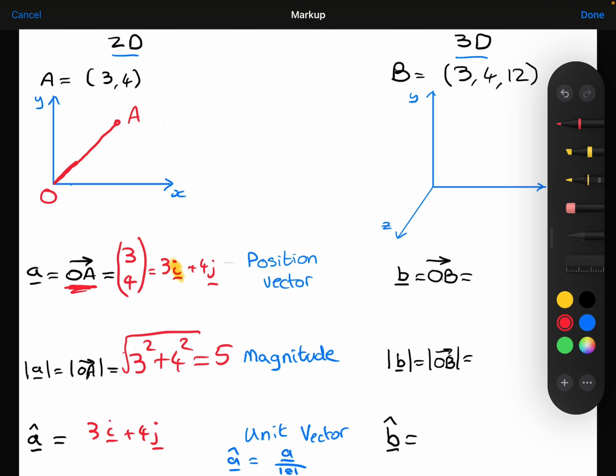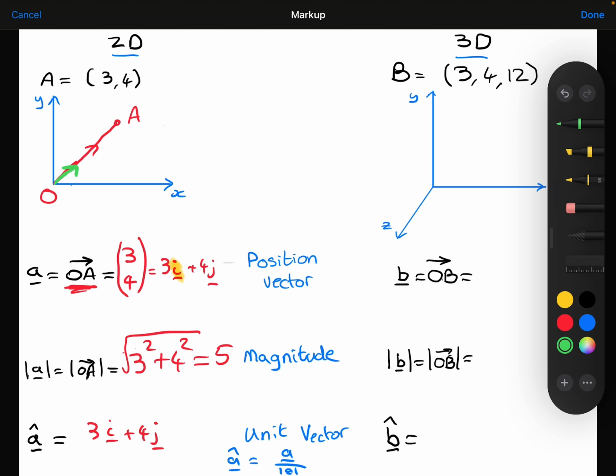That's the direction we're talking about here, 3 across, 4 up. The problem with that is that it has a magnitude of 5, not 1. So the unit vector I want is actually 5 times smaller than that. I want a magnitude of 1, not a magnitude of 5.